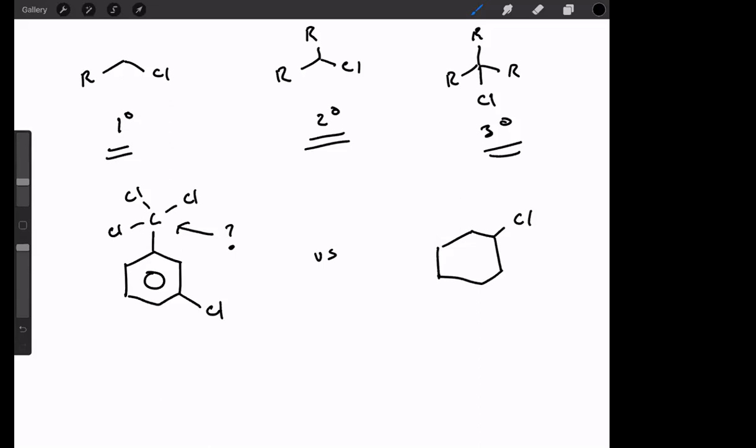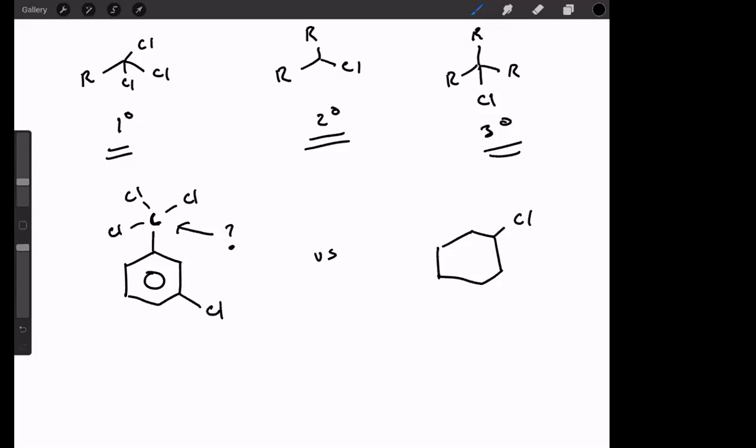It's primary. Why is it primary? Because in this case, these are chlorines attached to only a carbon, and the chlorines are what's attached to that carbon besides this thing here. And so this is essentially this type of picture where I've got 3 chlorines at the end of a carbon.